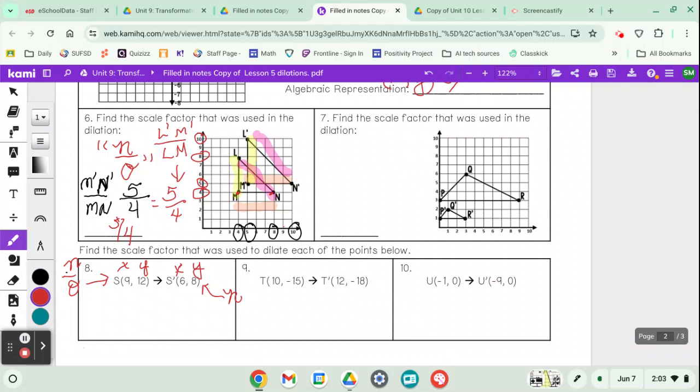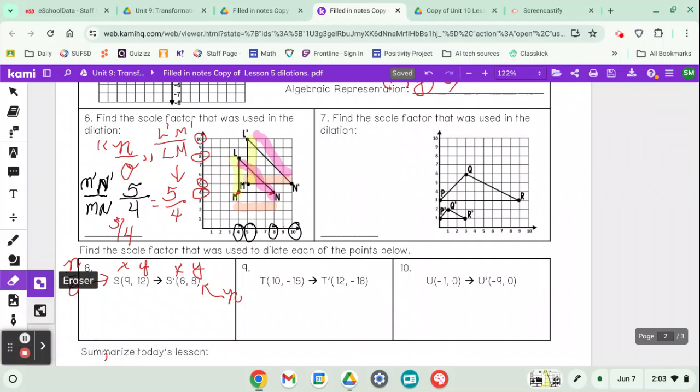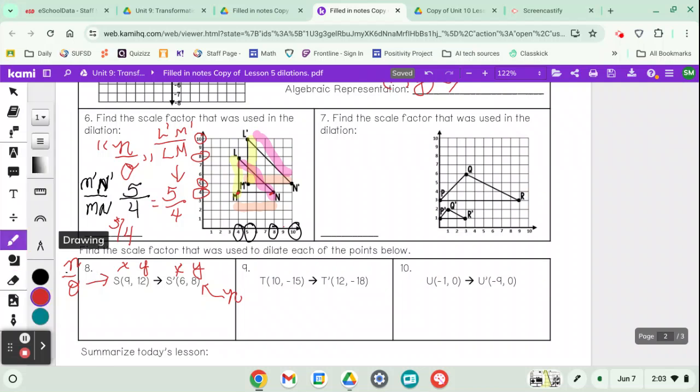We are just going to take the actual digit because after all, when we took a scale factor of 2, we doubled each X, we doubled each Y. If we're working backwards, we're going to write the division ratios. So let's just use those points. We've got the new point, 6, over the old point, 9.